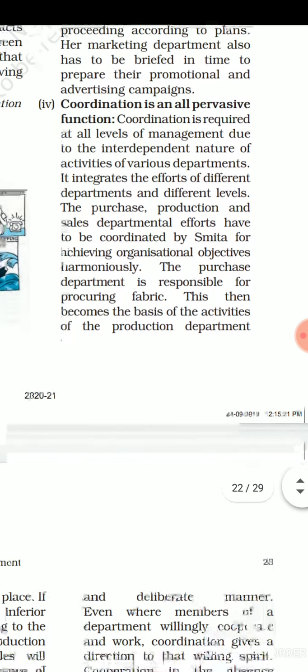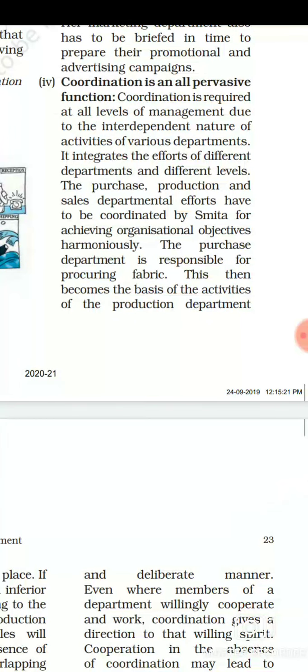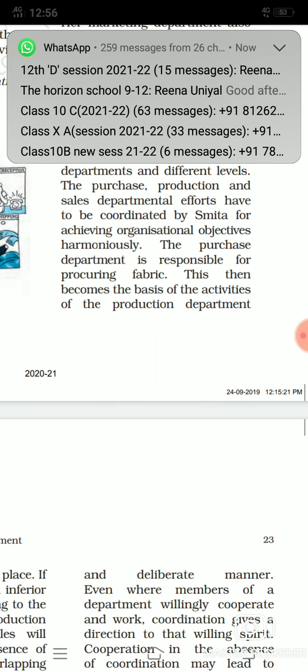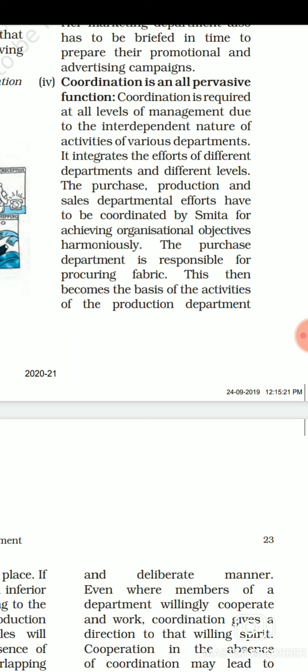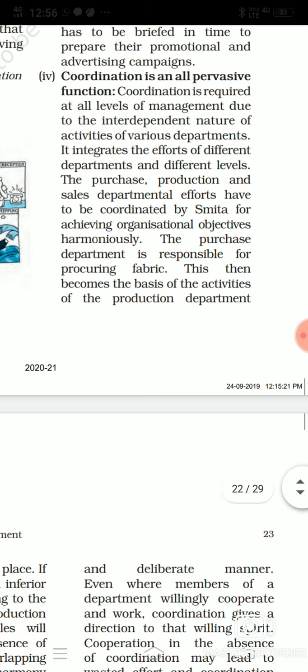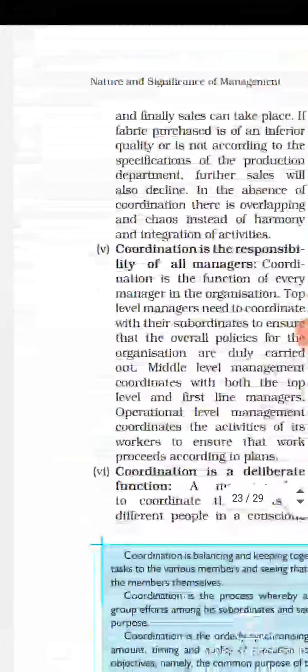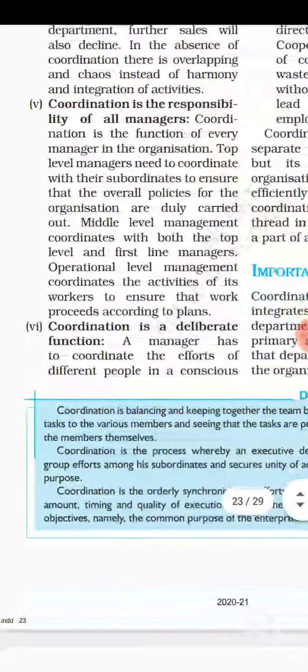Now when we talk about coordination, it is not that coordination will be required only at the top level, or only at the middle level or lower level. The role of coordination is required at each and every level of the organization. That is the reason anything which is required at every level of the organization is called a pervasive function of management.